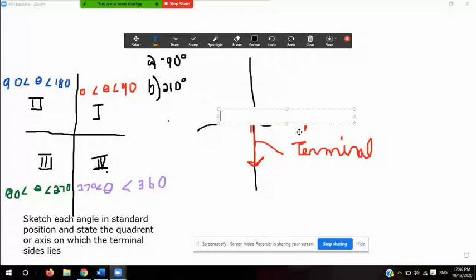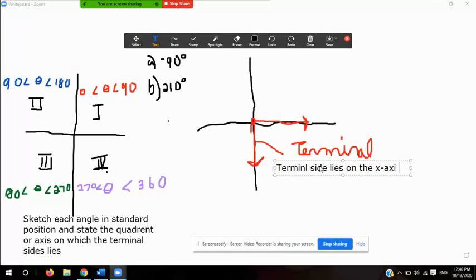Let's move it down here. So the terminal side lies on the x-axis. All right, and that's example 1a. The terminal side lies on the x-axis, and the reason is because it is a clockwise rotation, which means that is a negative rotation.